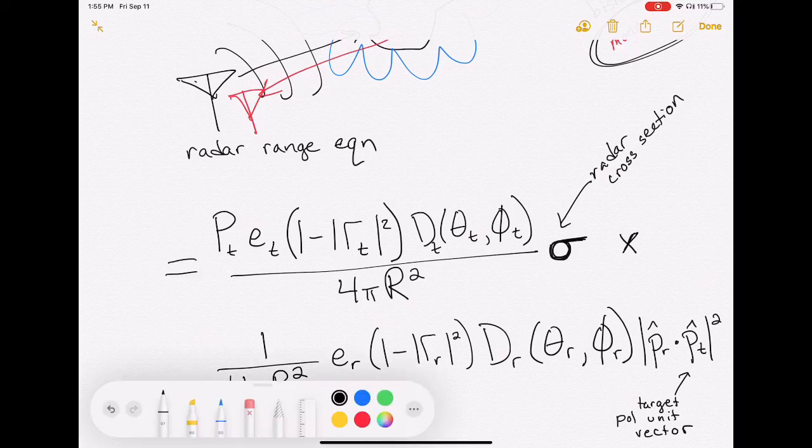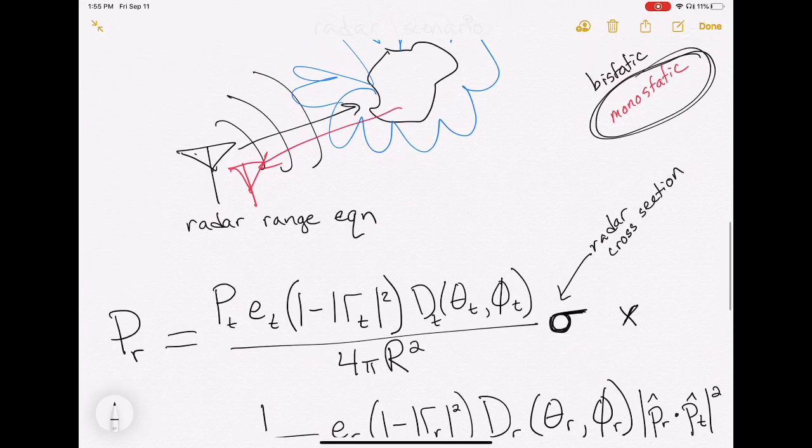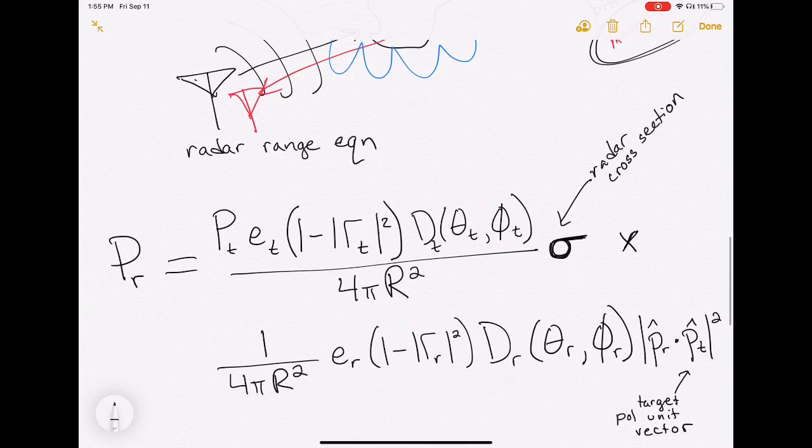That whole equation tells you how much power is received by the receiving antenna in this little picture up here. That's the radar range equation.